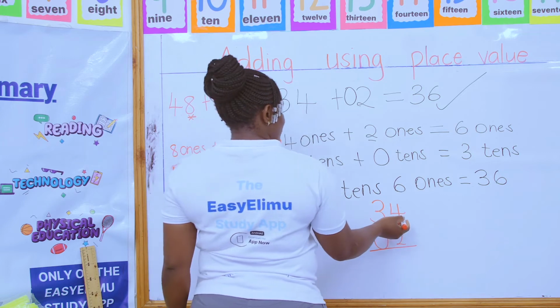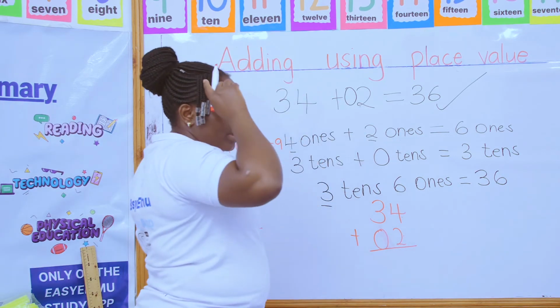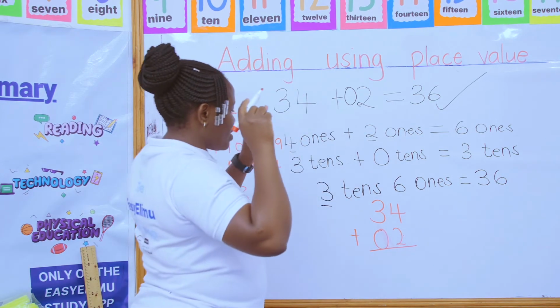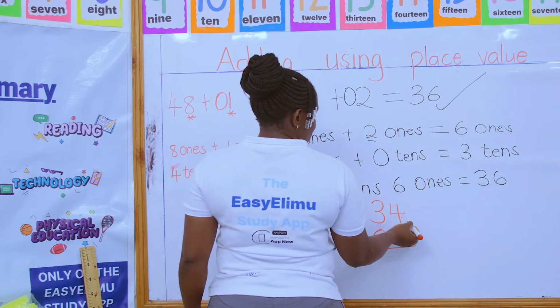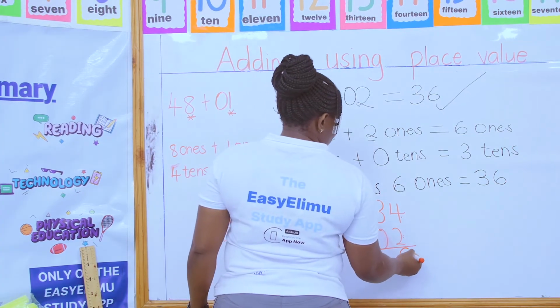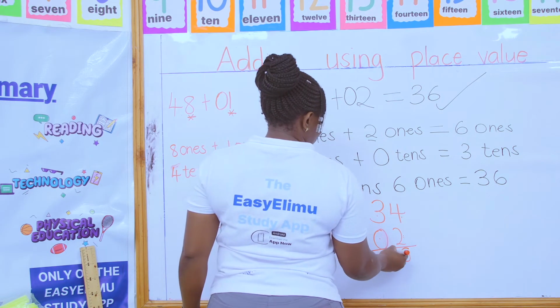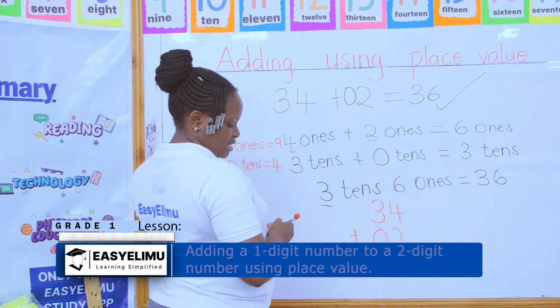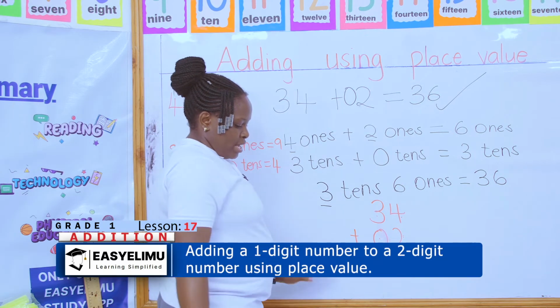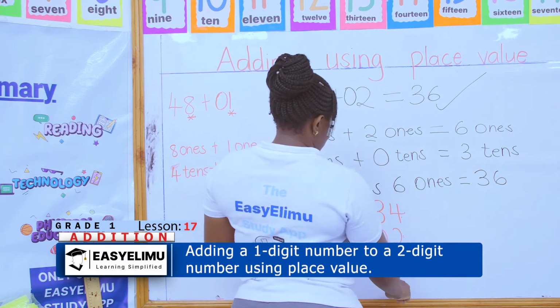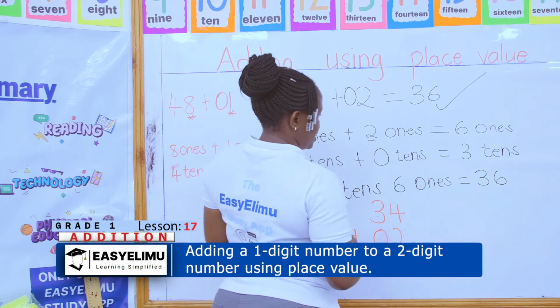So you add. What is 4 plus 2? 4 in my head, 2 fingers out. So we are saying 4 ones plus 2 ones is equal to 6 ones. And 3 tens plus 0 tens should give you a 36. So you should know how to add this going vertically and going horizontally.